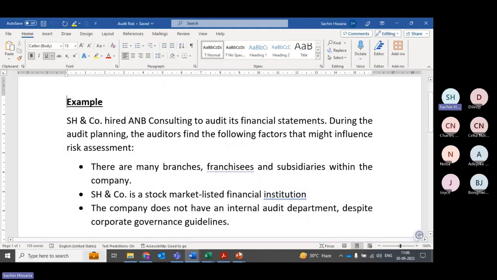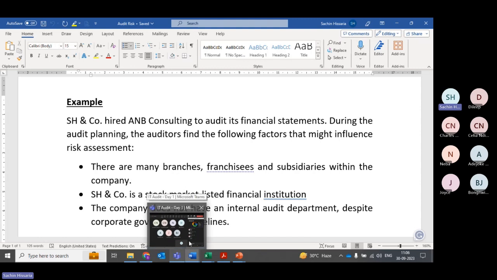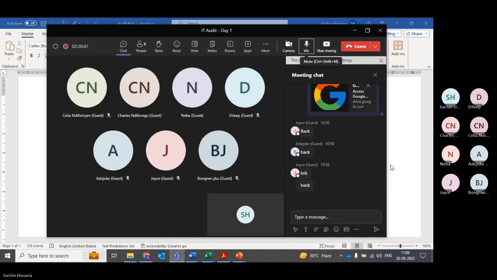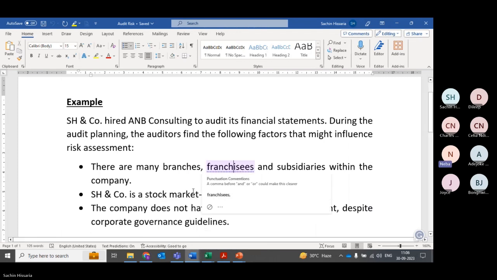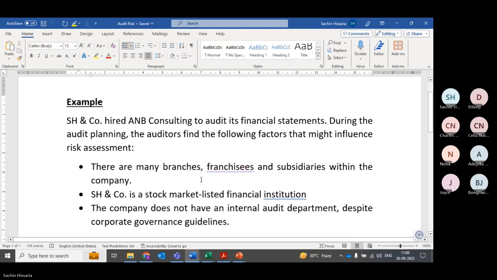So can you please tell me how you will calculate audit risk in this scenario? This is a real life scenario. How will you calculate the audit risk? Tell me, waiting for your answers.